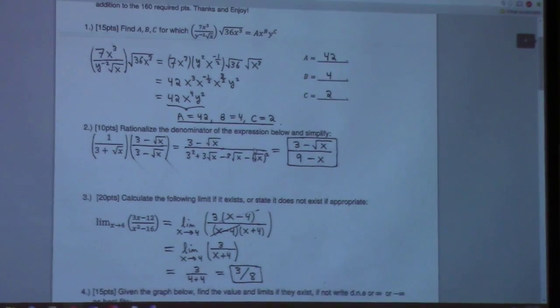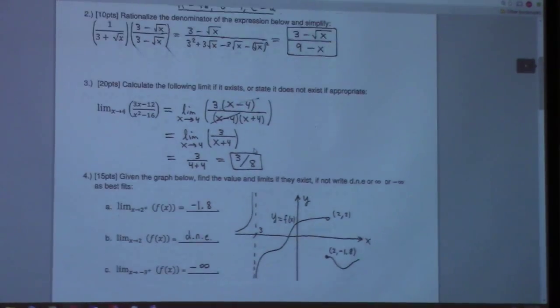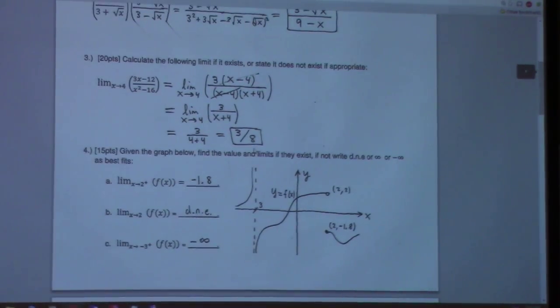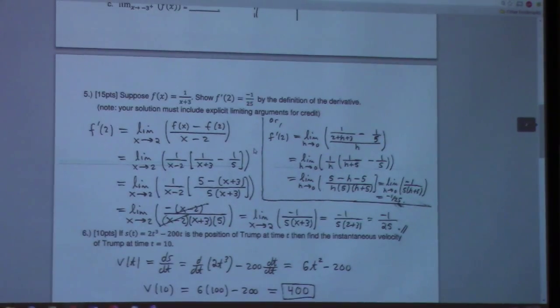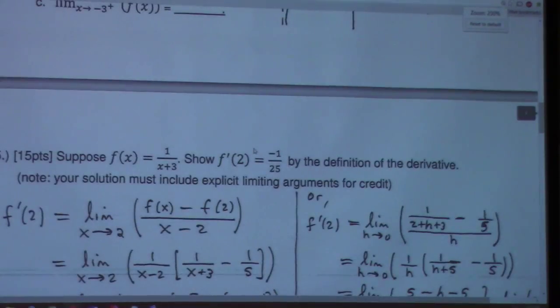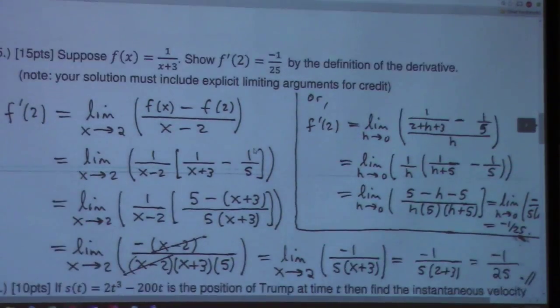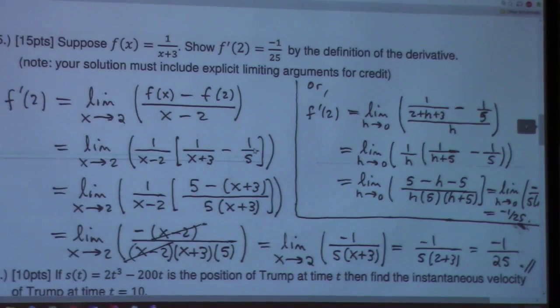So you remember we did stuff with algebra, we did rationalization, we did limits, we had graphical limit questions. Those are easy. Oh, here's the example that was actually on the test, the reciprocal function, right? Remember that? I did not enjoy grading that problem.